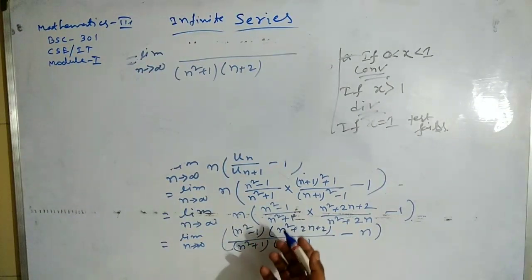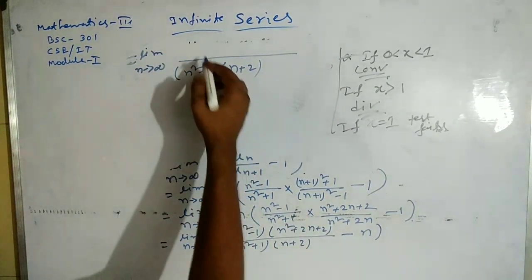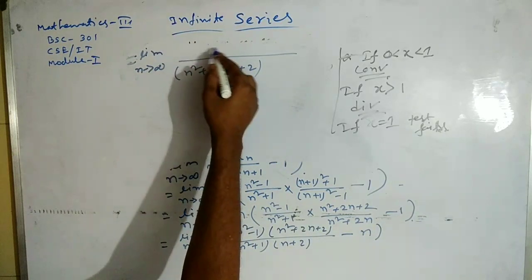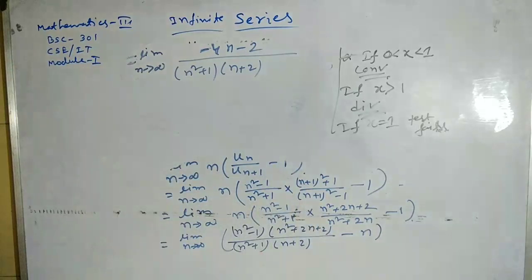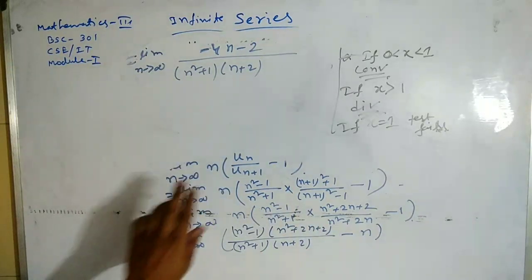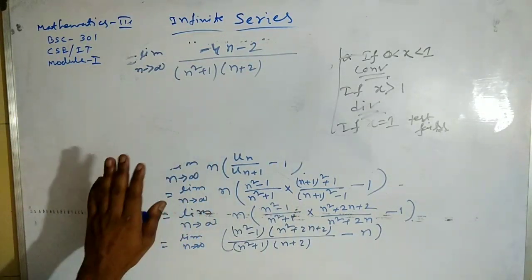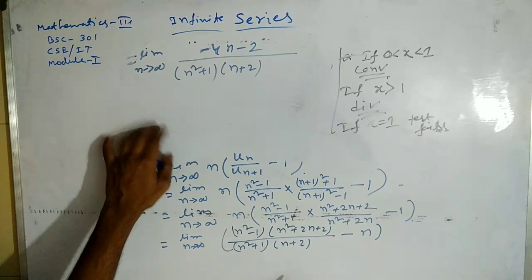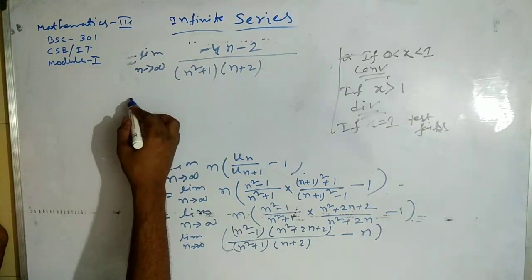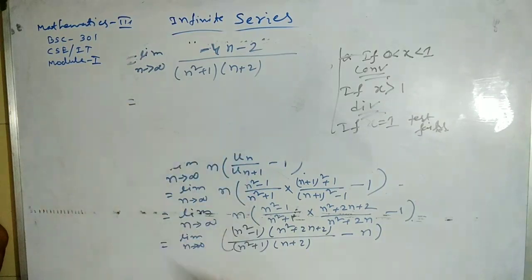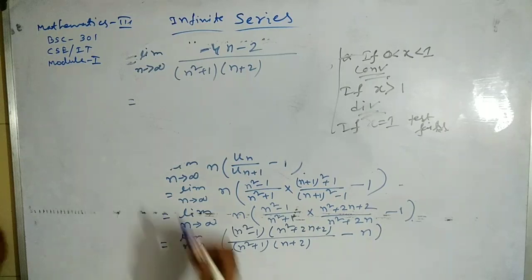Now if we subtract this, the numerator will be −4n − 2. You will simplify it when you solve this sum. I have not shown here the simplification. It will be −4n − 2. So we are dividing by n³ in the numerator and in the denominator.